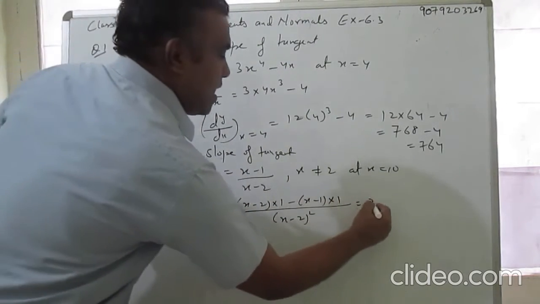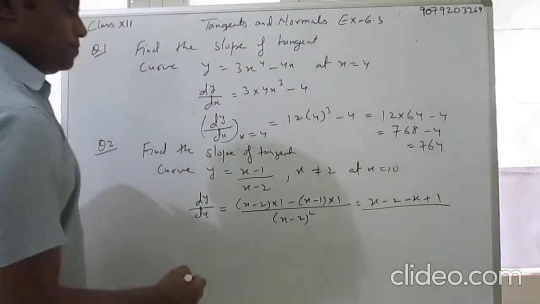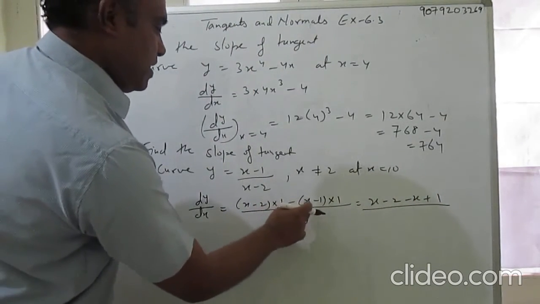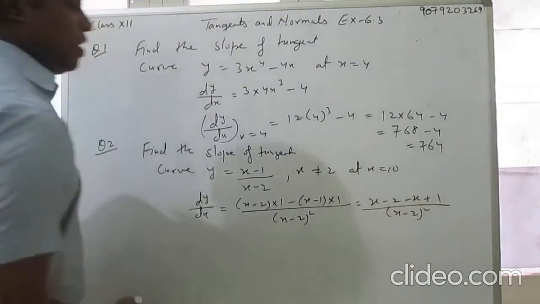So it is x minus 2 minus x plus 1 upon x minus 2 whole square.